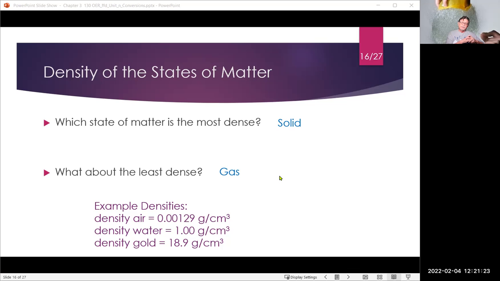If a density is greater than 1, normally what happens if that material is not soluble in water and it's a solid, it will drop like a rock and sink in water. If it's less than 1, if they don't mix with water, it will float on top of water.